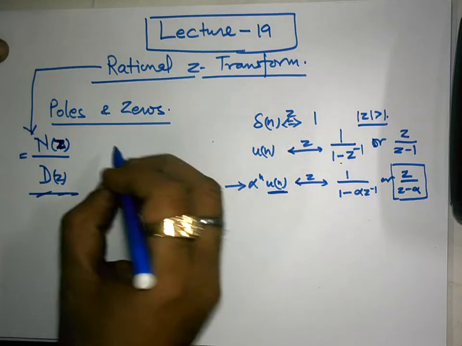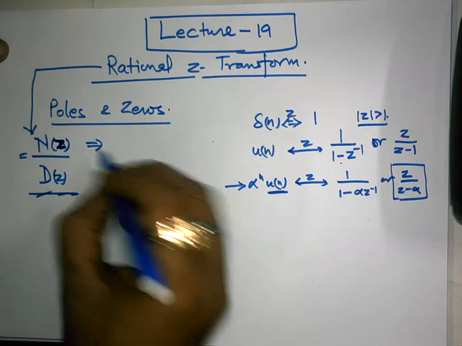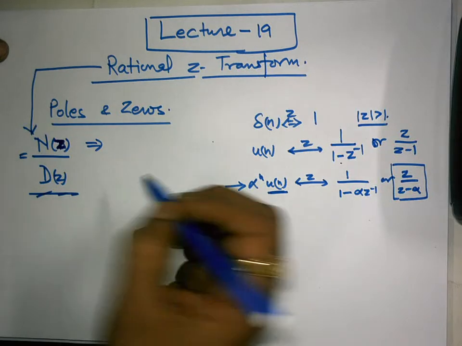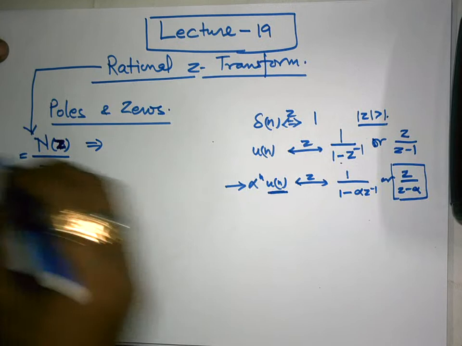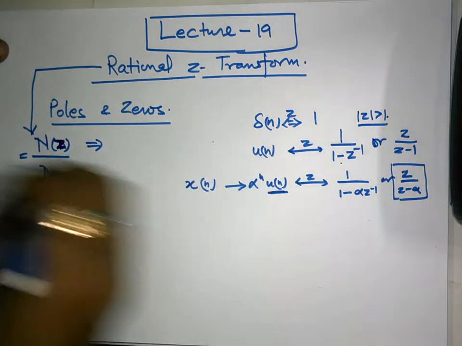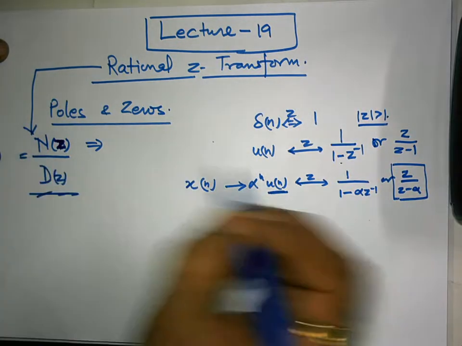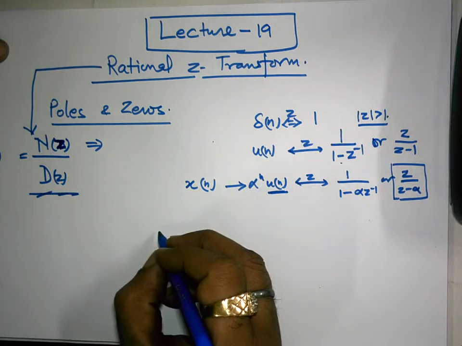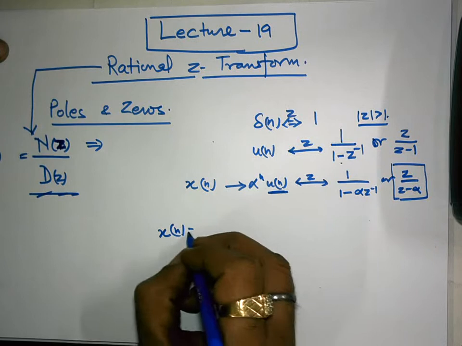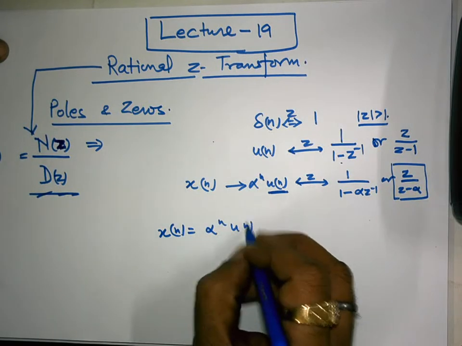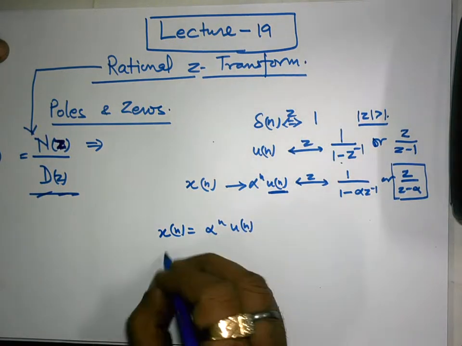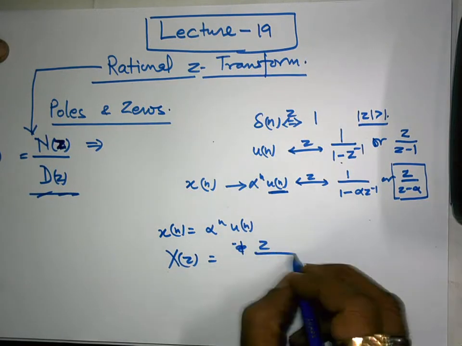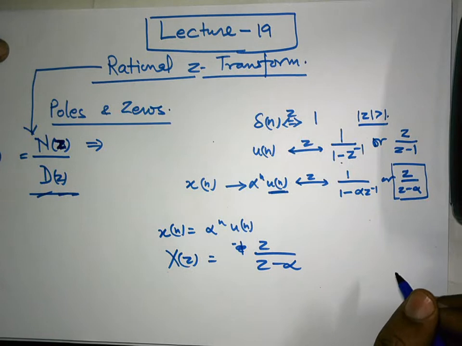Suppose this signal is known as x n, so its transform will be X z. Simply saying, x n is equal to alpha to the power n u n. If we concentrate on this signal, naturally X z is equal to z over z minus alpha.